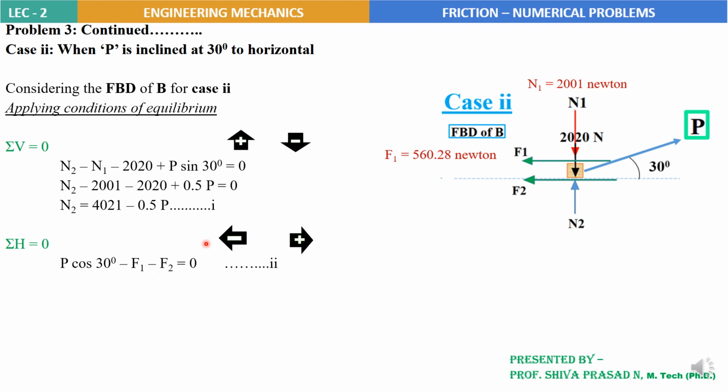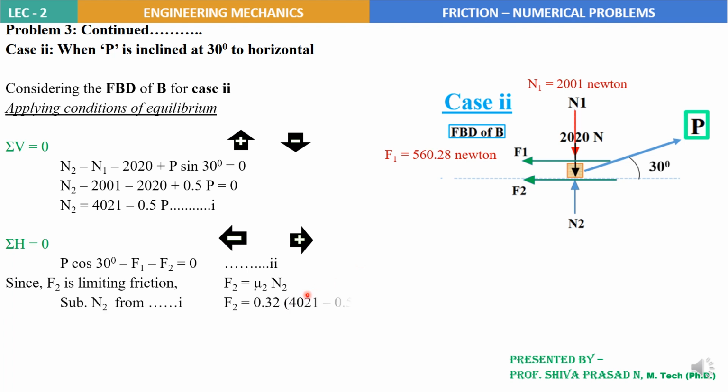So F1 we know, F2 also we can find by using this relation, that is F2 is equal to mu 2 N2. So F2 is equal to 0.32 multiplied by N2.